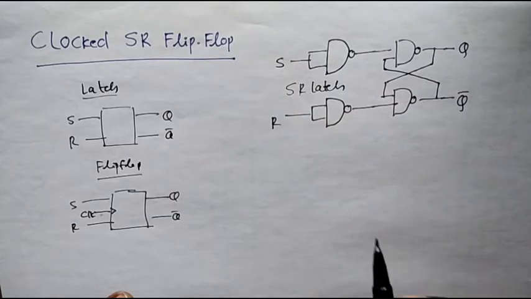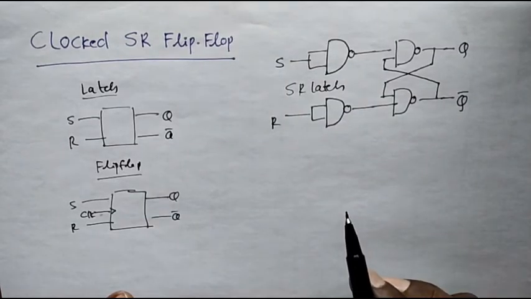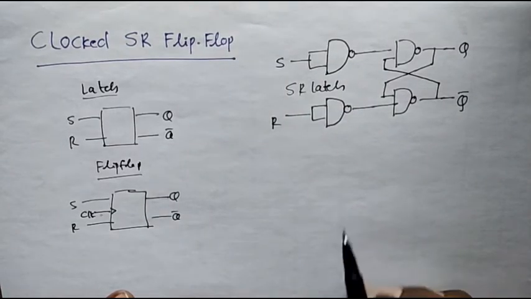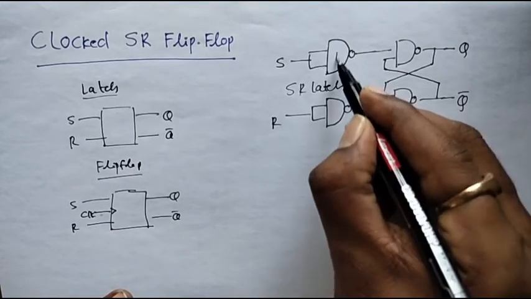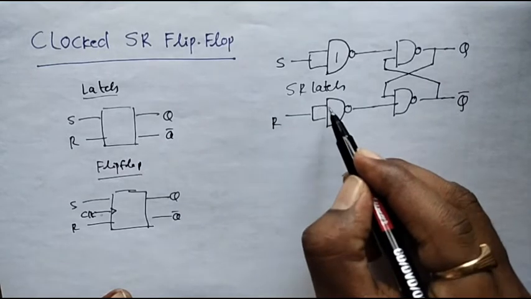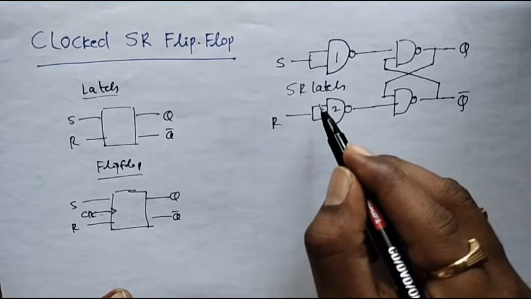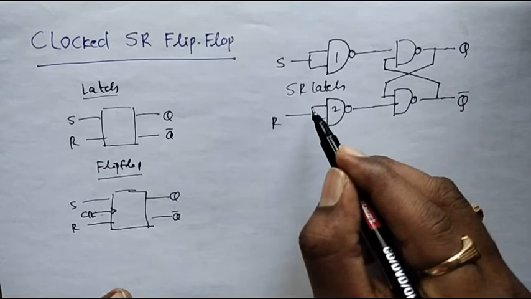Now using this, we'll try to implement the clocked SR flip-flop. In clocked SR flip-flop, one input of the first NAND gate and one input of the second NAND gate are shorted and given to clock signal.